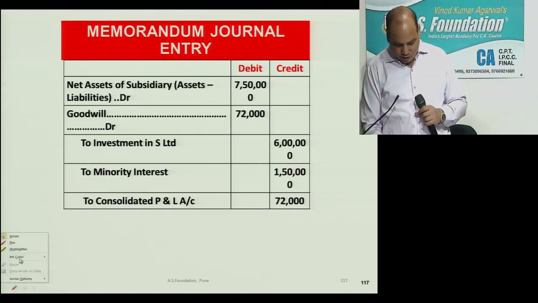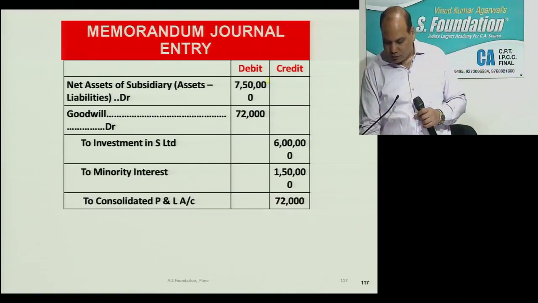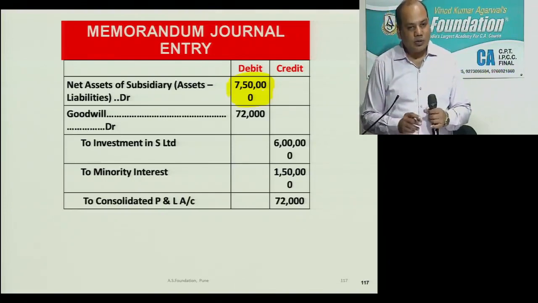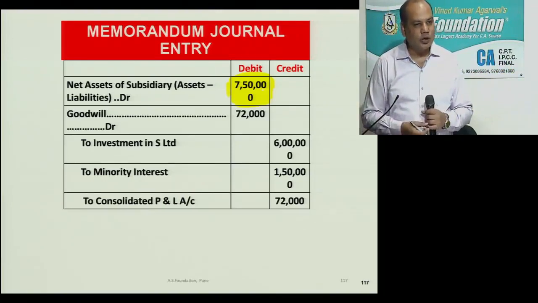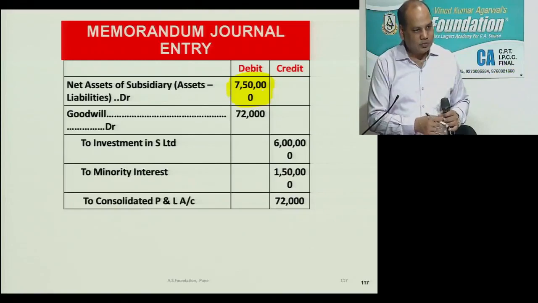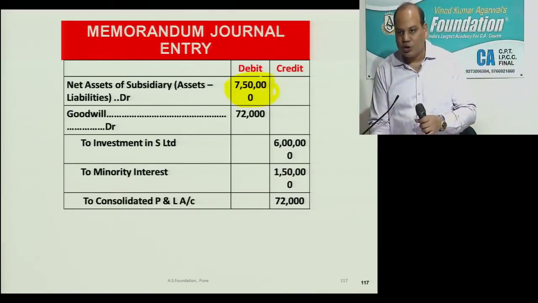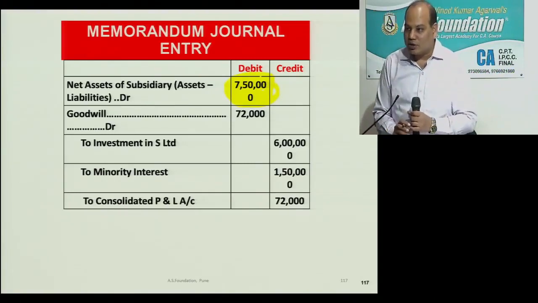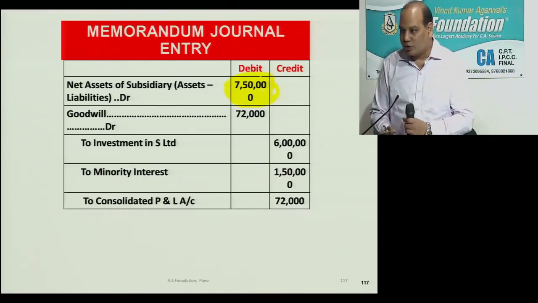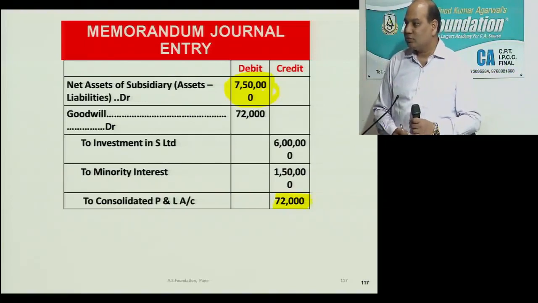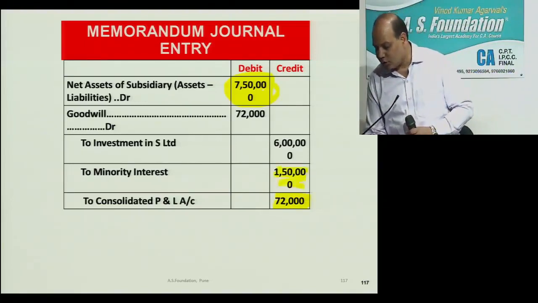If you want to understand the logic, the effect of the increase in net asset of 90,000 has already come in the first line. We don't know the opening net asset individual items. Closing we know. So this 7 lakh 50,000 includes the effect of that increase of 90,000. The second effect of that 90,000: 72 has gone here and 18 has gone in minority interest.